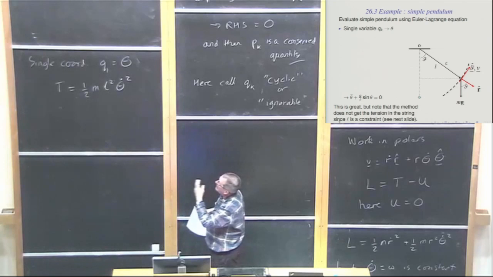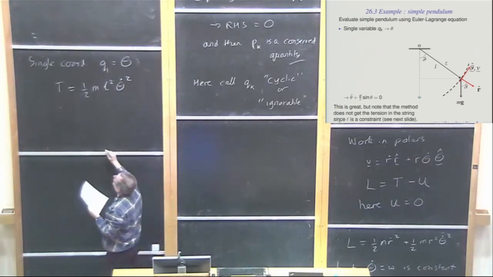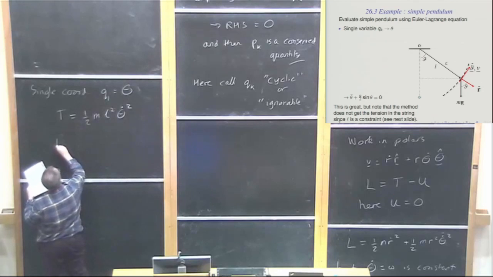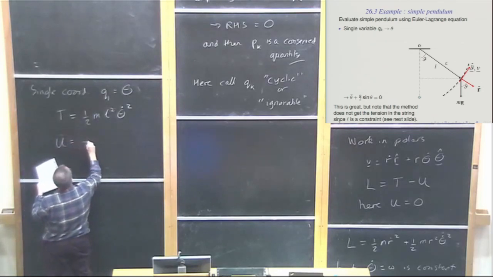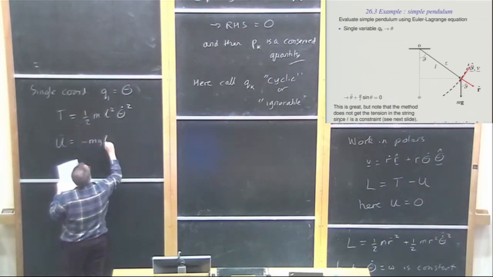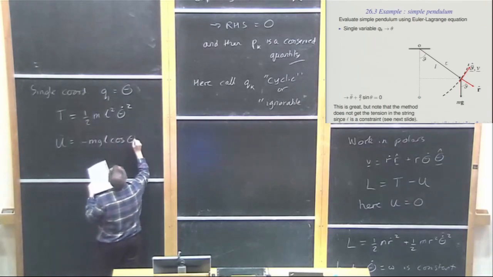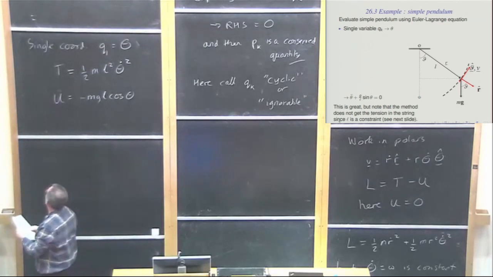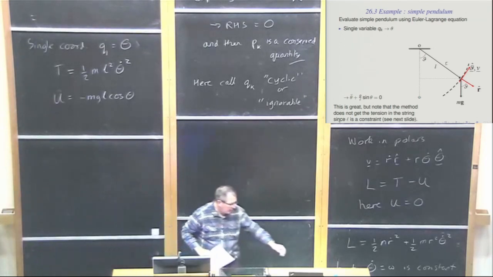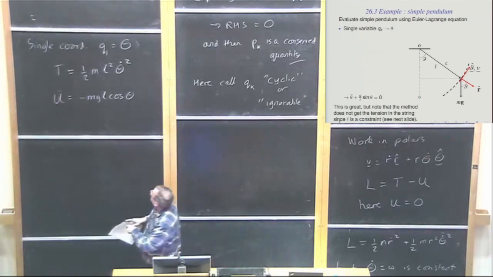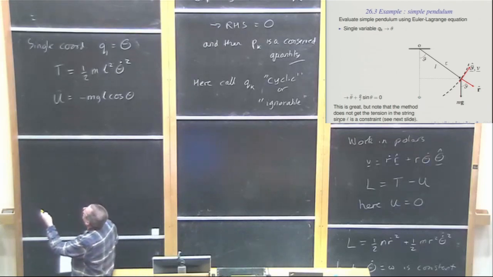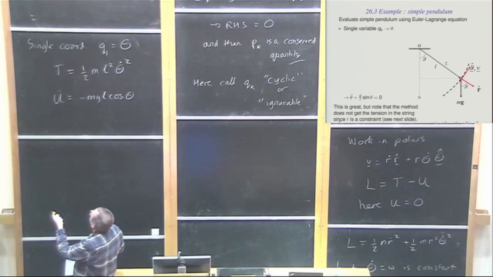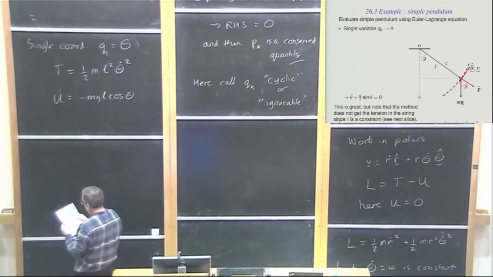And there's a potential energy which is associated with the height of the bob. So U is given by minus m g L cos θ. That's just the height here, and it's defined to be 0 when θ equals 90 degrees.